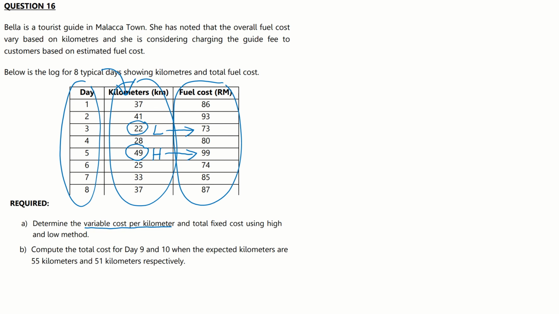Once we determine the cost for each activity level, we can insert the data extracted from the question into this formula to determine the variable cost per unit. We have the highest activity level cost, 99 ringgit, minus the lowest activity level cost, 73 ringgit, divided by the highest activity level, 49 kilometers, minus 22 kilometers.